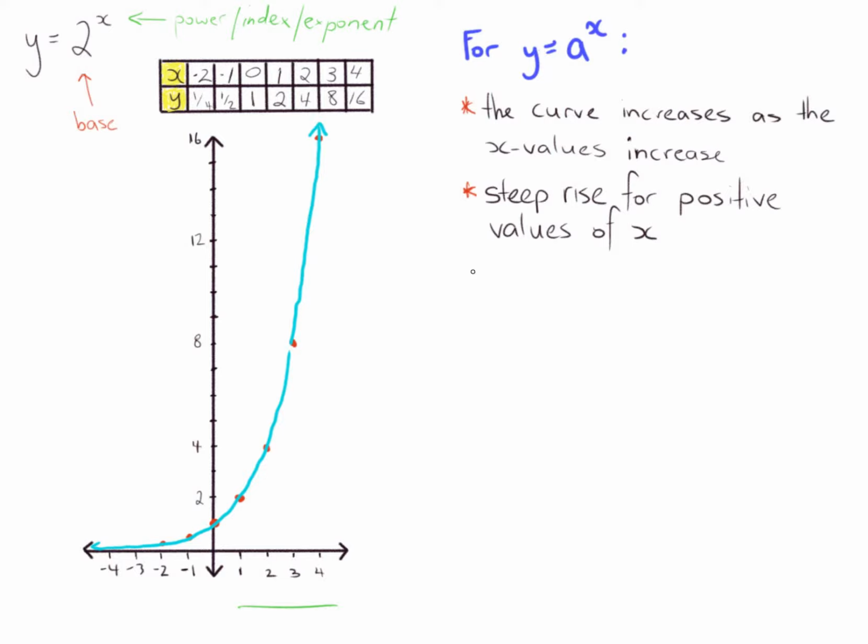When we contrast that to the negative values of x, we see that our curve flattens out. So as we head this way, our curve becomes almost flat. Not quite, it never will be flat, but almost flat. So our curve flattens out for negative values of x.